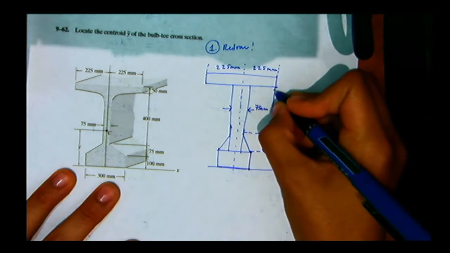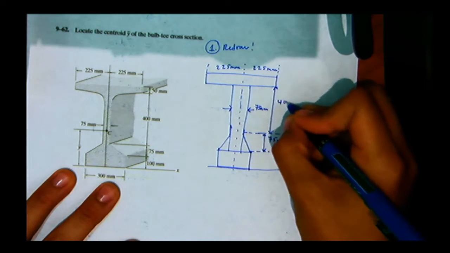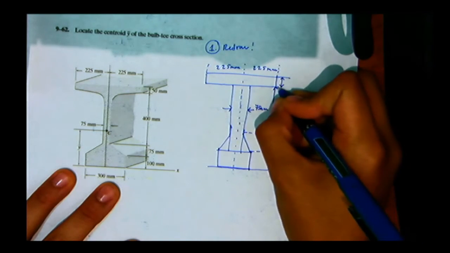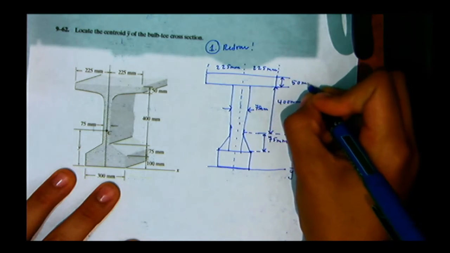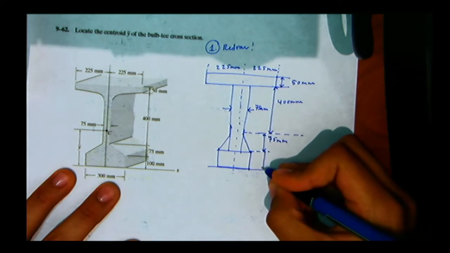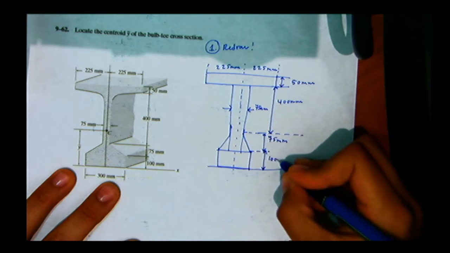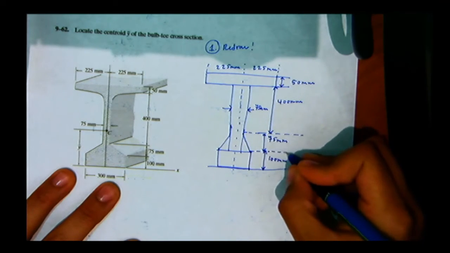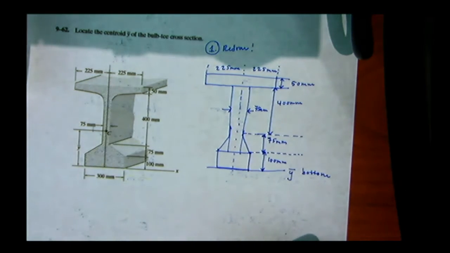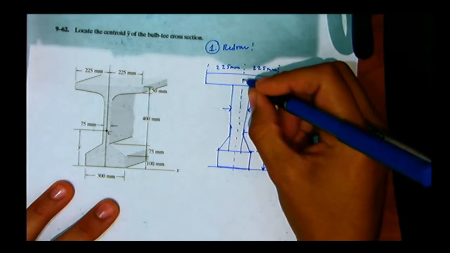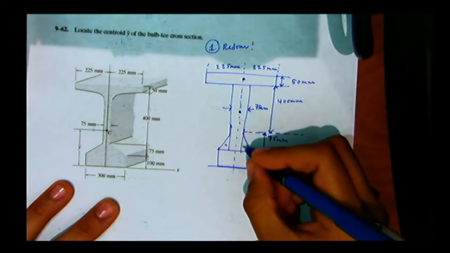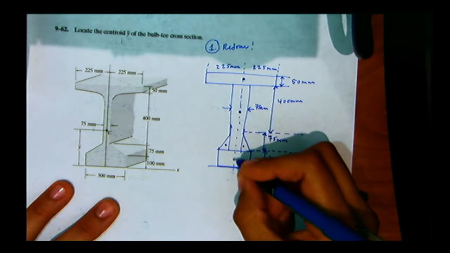This is 50. And our last one, 100. So we know each of these is going to have a centroid, right?